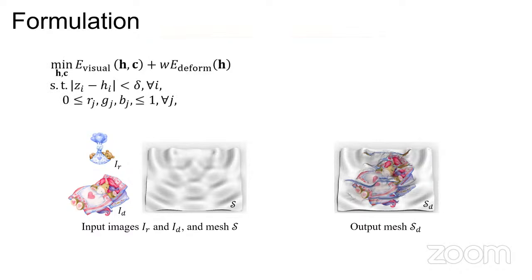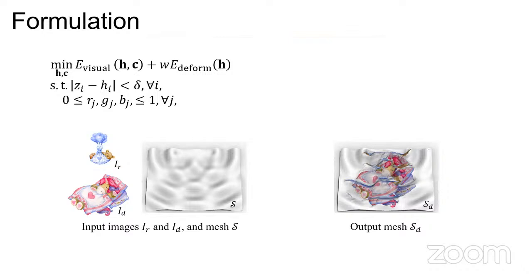Here is the constrained optimization problem we need to solve. We denote the input images as IR and ID, and use triangulated height fields with colored triangle faces to represent the input mesh S and output mesh SD. The first inequality constraint is used to bound the movement of each vertex to be less than a given threshold delta.